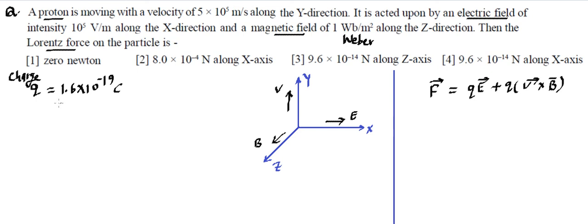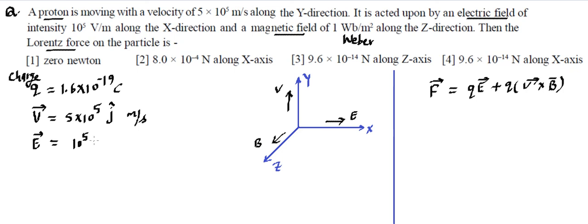So this Q value is given to us. V as a vector is given to us. Velocity V is given as 5 into 10 raised to power 5 meter per second. It's a large velocity in the direction of Y, which is j cap. Here C is for coulomb. Coulomb is the unit of charge, you might be knowing. And electric field E is given to us as 10 raised to power 5 volt per meter.